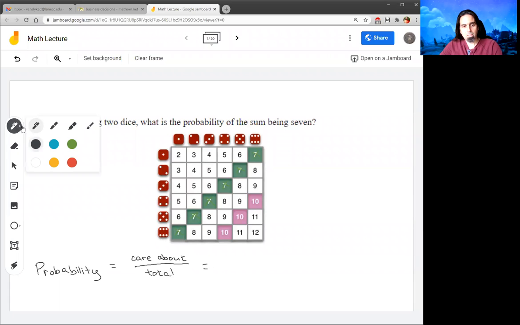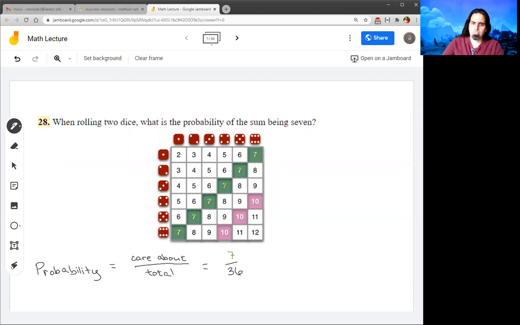We just counted 6 that were 7s. Those are the ones we care about for this problem. And how many total are there? We have 6 by 6 is 36, or we could count all the squares if we really wanted to.